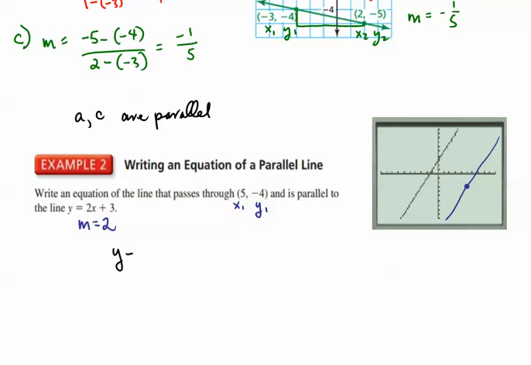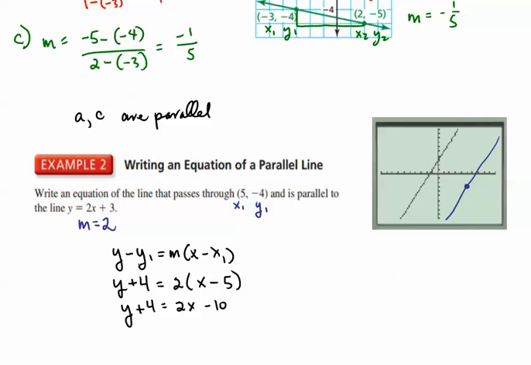If you remember, that's y minus y1 is equal to m times x minus x1. So all I need to do now is plug in what I have. Y minus negative 4 is y plus 4 is equal to 2 times parentheses x minus 5. When I distribute, I get 2x minus 10 is equal to y plus 4.